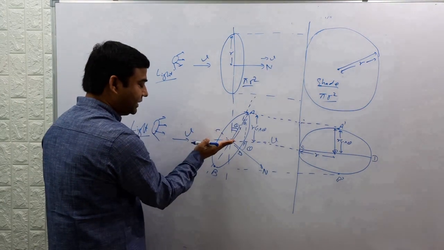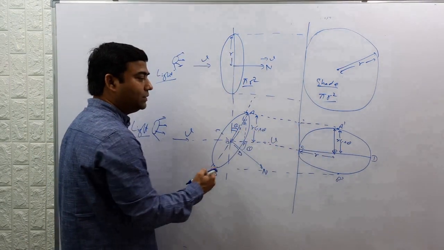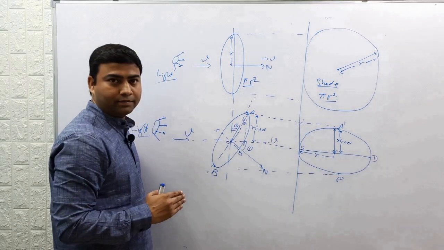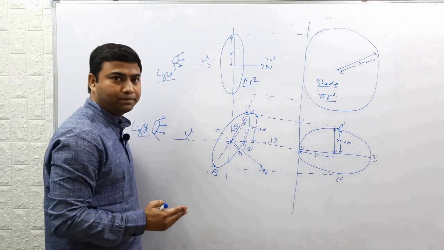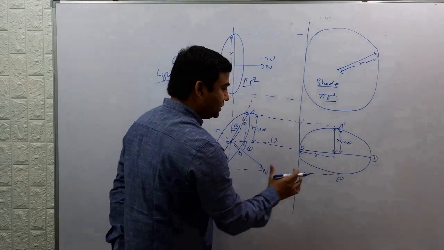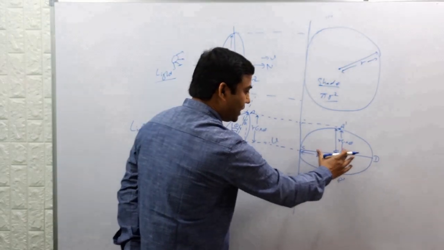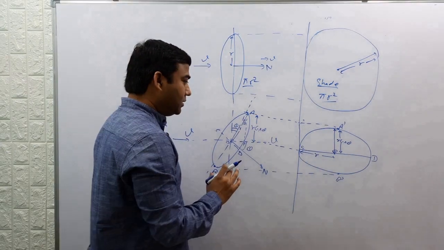When this area was tilted by angle theta, the shade of this circular area will be an elliptical area. The circular shape will convert into an elliptical shape. And the major and minor axes of this ellipse are r and r cos theta.